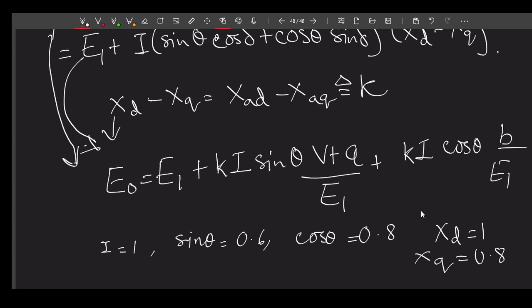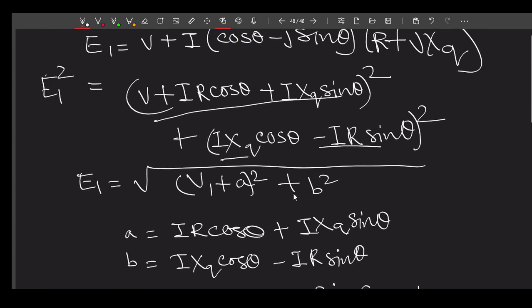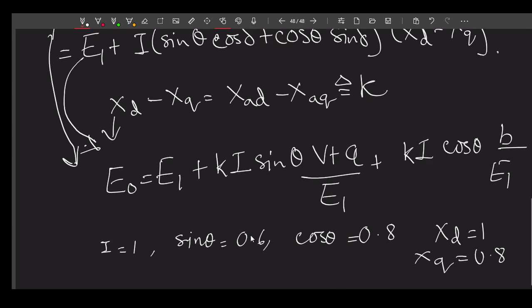When you put here in the definition of a, where is that? Yeah, here you will get the value of a, b and also the value of k.